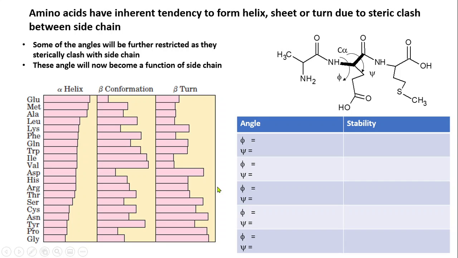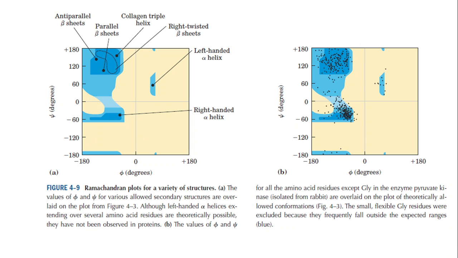If you put the side chains into the structure, this tendency will start to come out. This plot on the right side is the value of phi and psi for the amino acids except glycine in the enzyme pyruvate kinase. You can see that it predominantly falls into the two regions where we found the minimum energy.